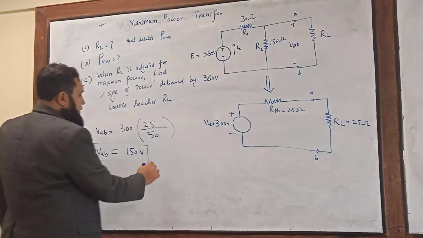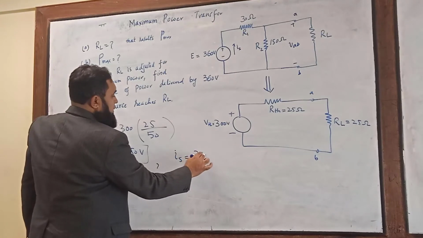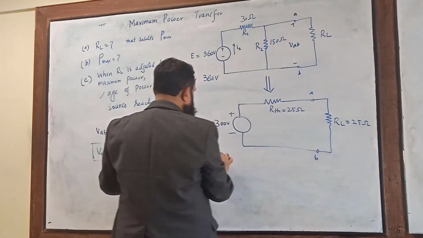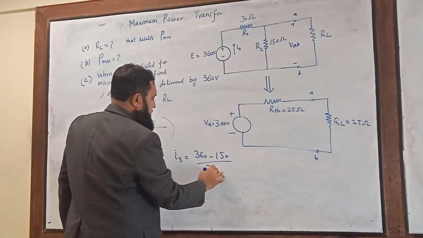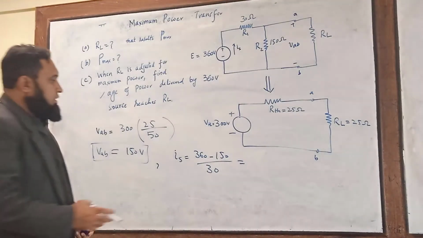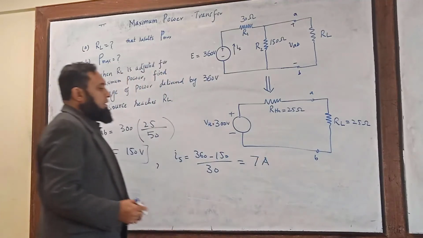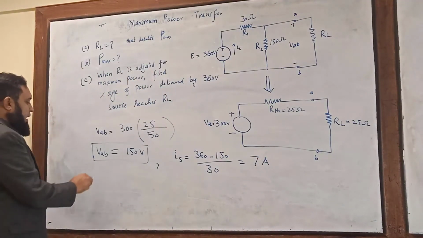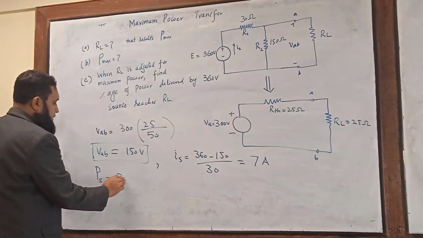IS is equal to 360 volt minus 150 volt divided by the 30 ohm resistance, which comes out to be 7 ampere.